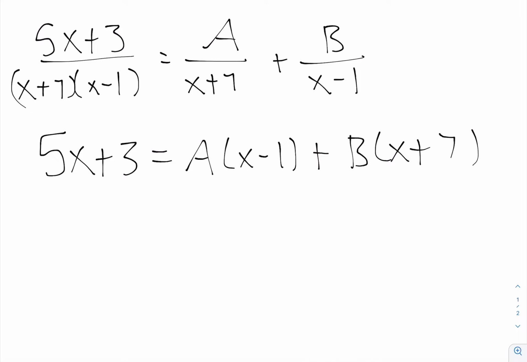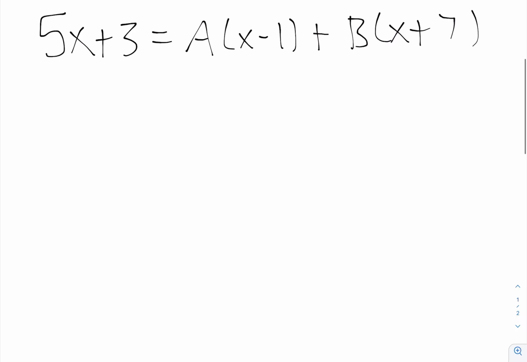So you might think that we need a system of equations to solve this, and we actually don't, because A and B are both multiplying into something. For example, if we said let x equal 1, and we plug in 1 for x, this will be A times 1 minus 1.